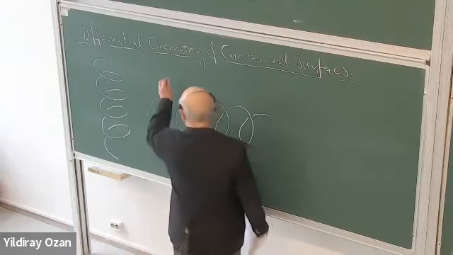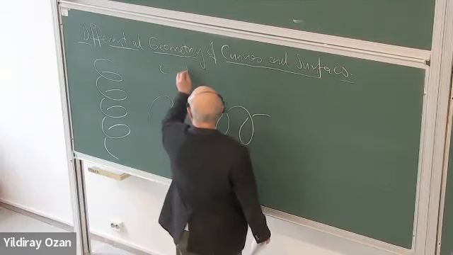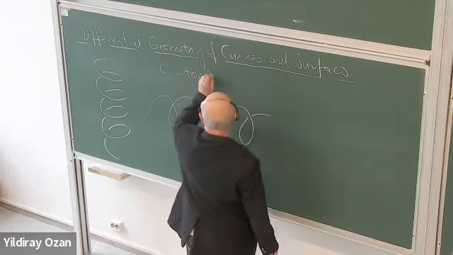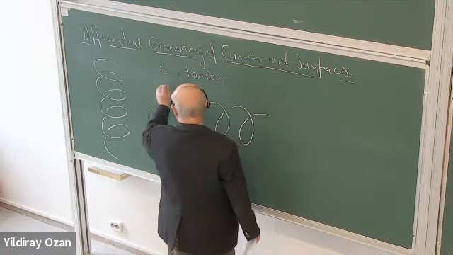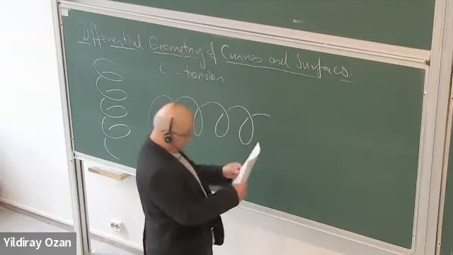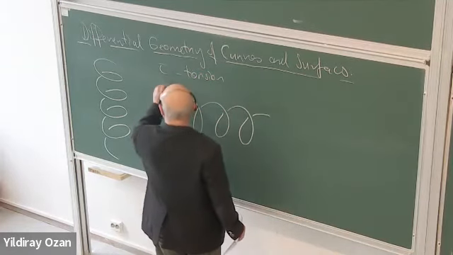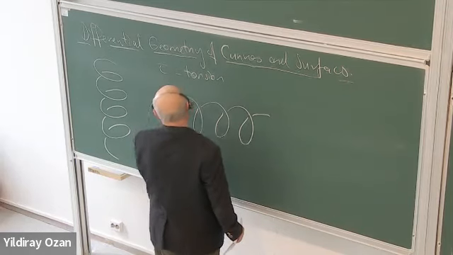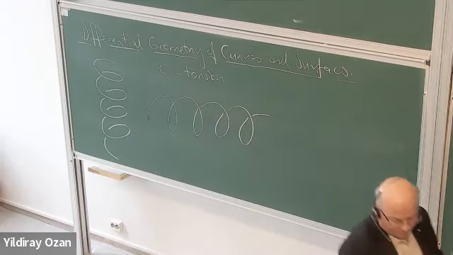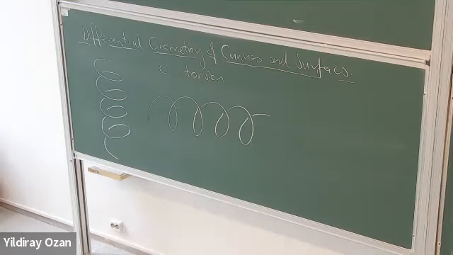So we will define torsion and curvature. What was the notation for the curvature? Yeah, kappa. Okay.